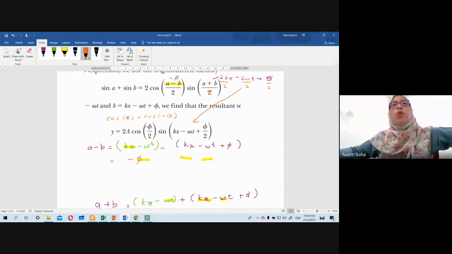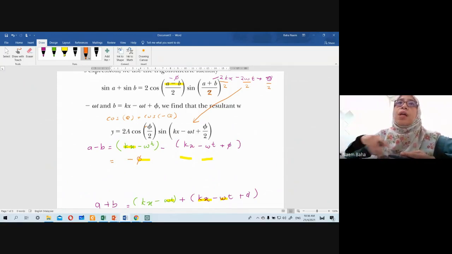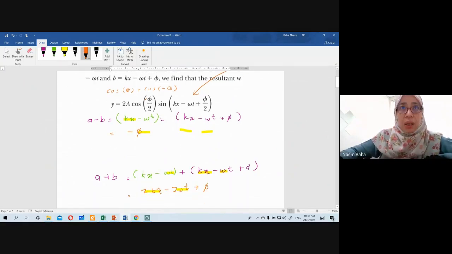You can just go with your calculator, give it a try. cos π and then cos negative π, or cos 3 and cos negative 3. So you should arrive at the same value. Okay, now do you understand how we get this expression?